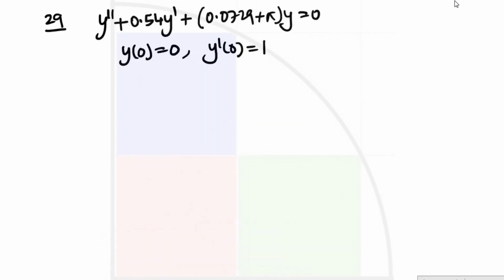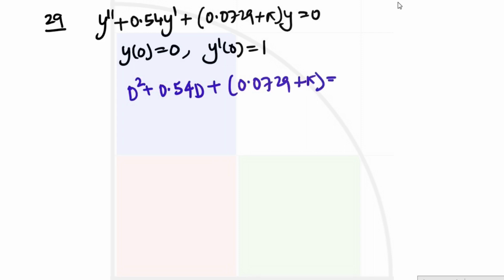Problem number 29. We have already done something similar, problem number 15 earlier, but still we will do it here. The auxiliary equation is D square plus 0.54D plus 0.0729 pi is equal to 0.